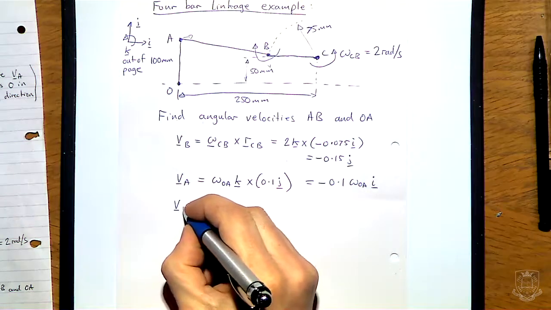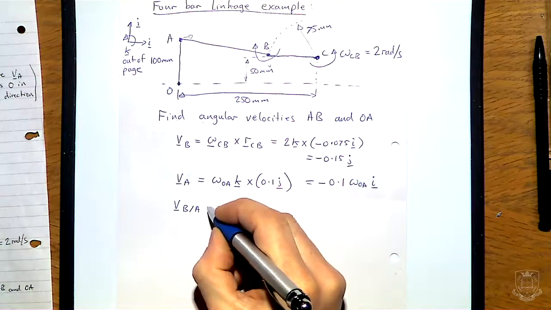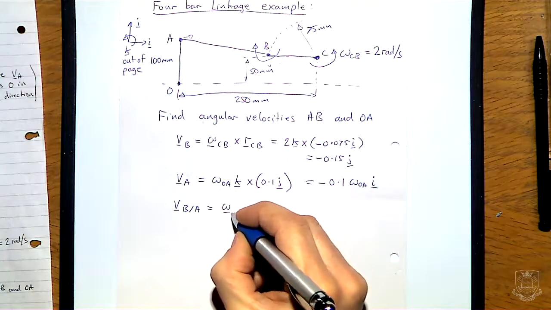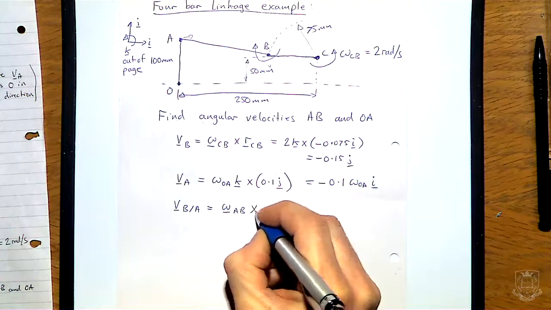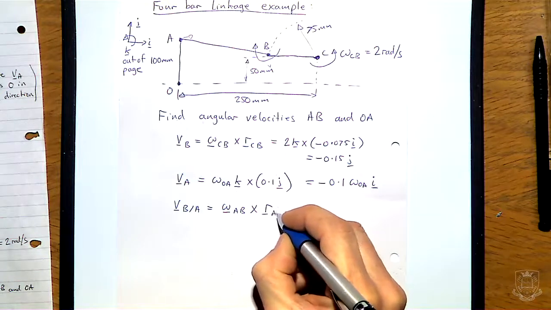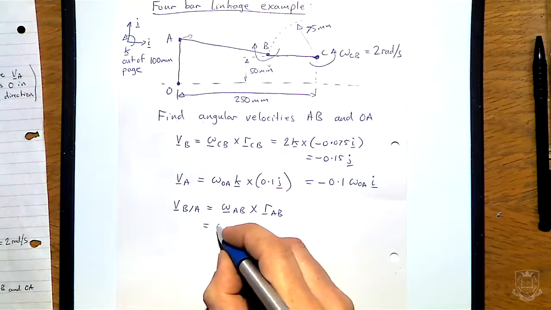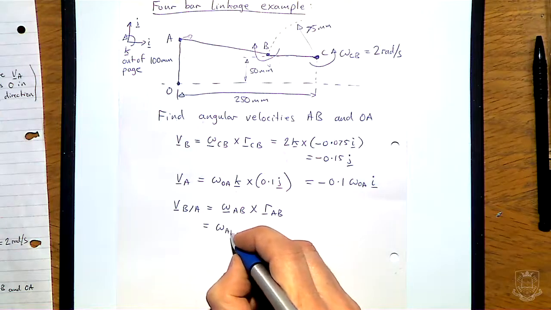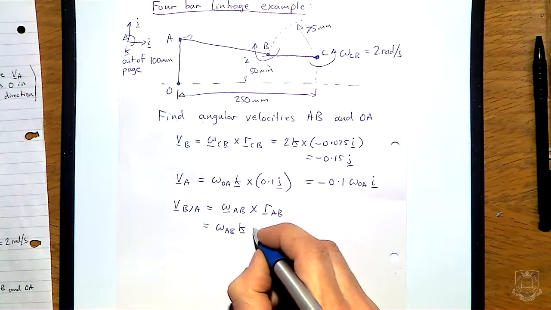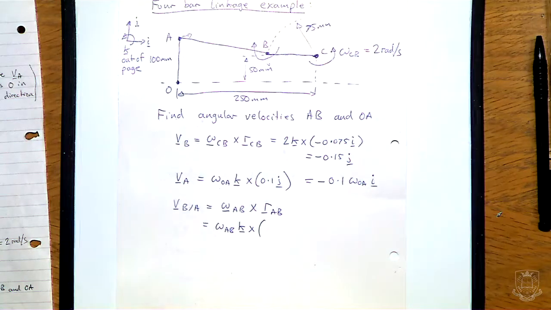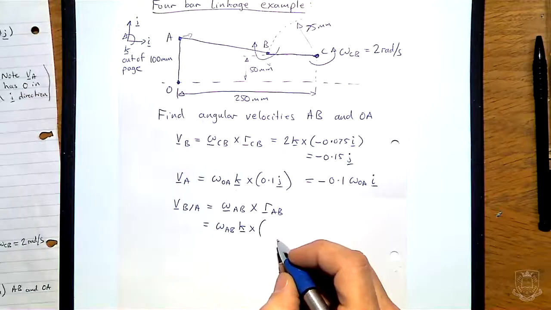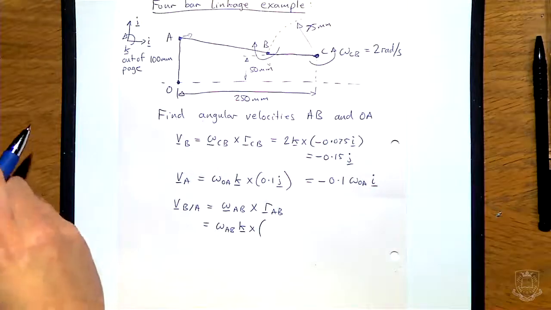Okay, so I'm going to assume that I can work out this quantity as a rotation omega AB crossed with the distance RAB. I don't know what omega AB is, but I'll put that in as an unknown. But I do know what the distances are because I've got all the dimensions on the diagram. Oops, sorry, I've done that the wrong way around.